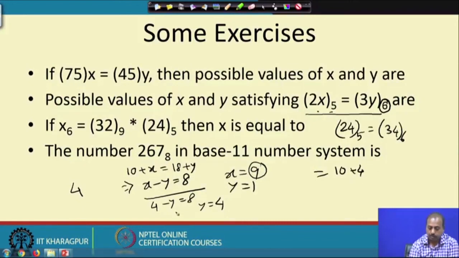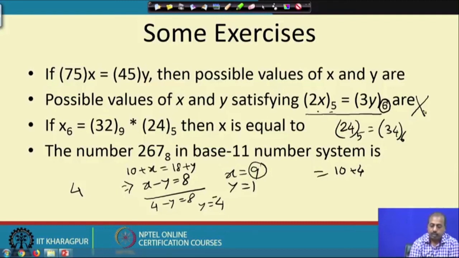Sorry, this is not correct, because 4 minus y means y is becoming minus 4. So, I cannot choose any value of x and y which satisfies this relationship. I cannot get any satisfying value for this problem.